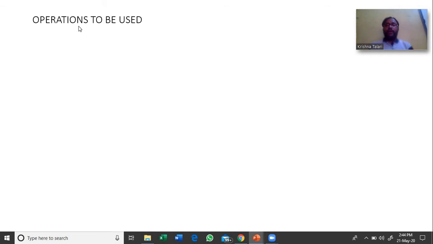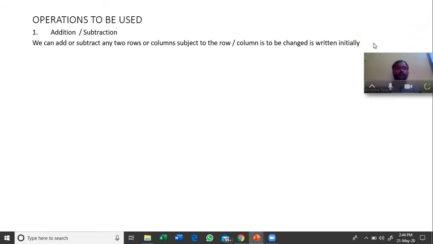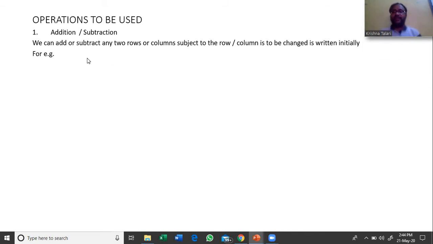Now, operations to be used are: first is addition or subtraction. We can add or subtract any two rows or columns, subject to the row or column to be changed being written initially. That is, for example, you are having the matrix A, which is 1, 2, 3, 4.